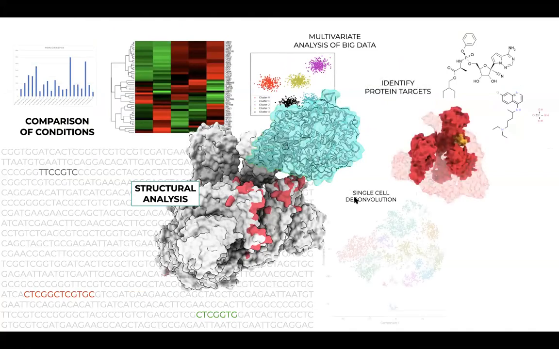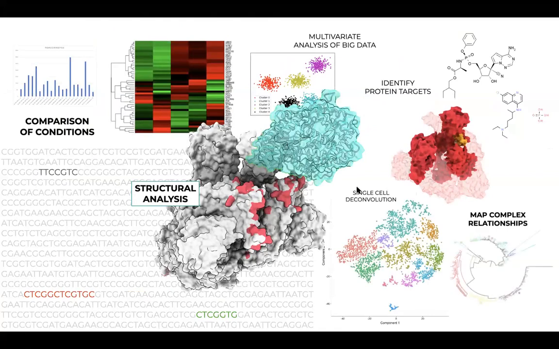For example, we can talk about different types of comparison of conditions and finding variable patterns. We can talk about how those patterns could be mapped on the structural properties of different proteins and their interaction. We can talk about multivariate analysis of big data that allows us to summarize thousands of data points into a visual interpretation that might have association with phenotypic data, and the process goes on.